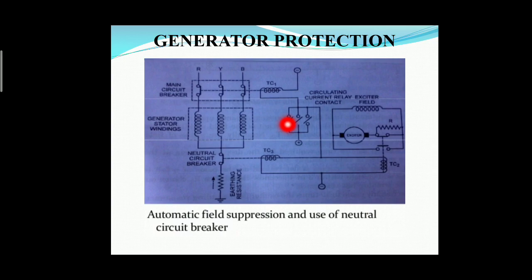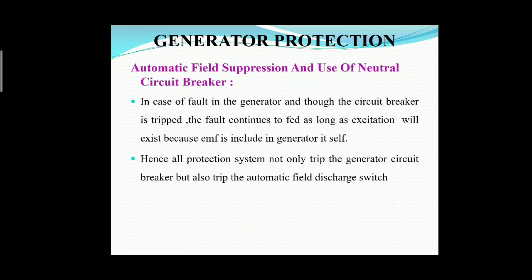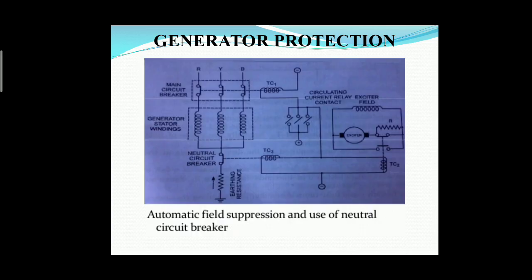In this condition, this is the automatic field suppression and the use of a neutral circuit breaker. In the case of a neutral point, we are using one resistor. If any earth fault or neutral fault is obtained, in that condition we are adjusting that neutral point resistance.